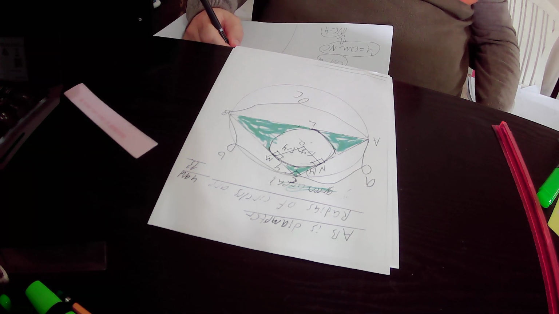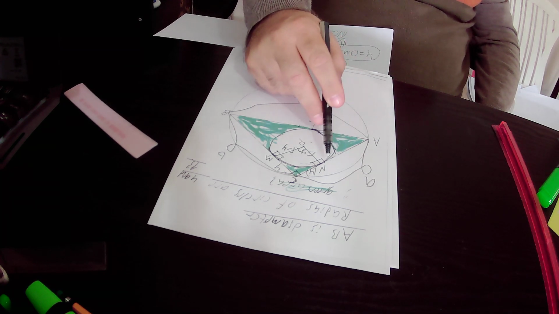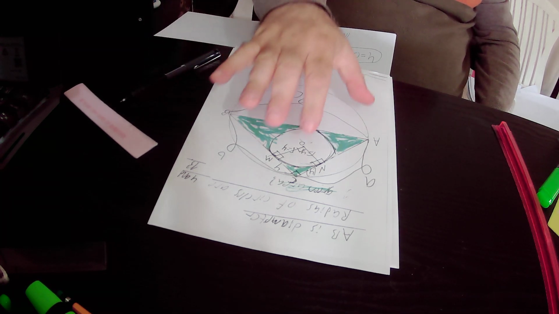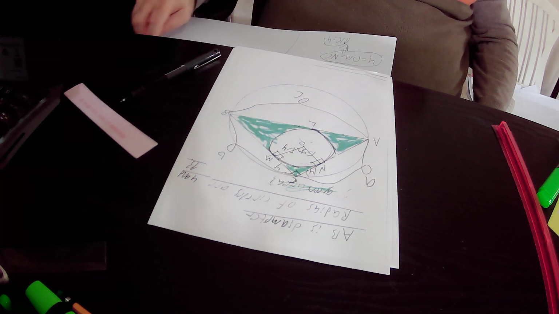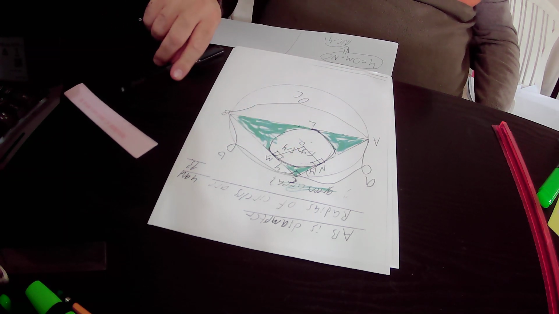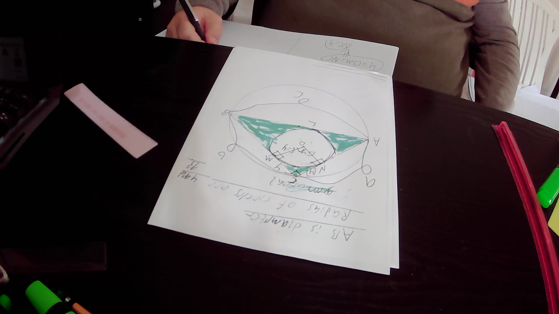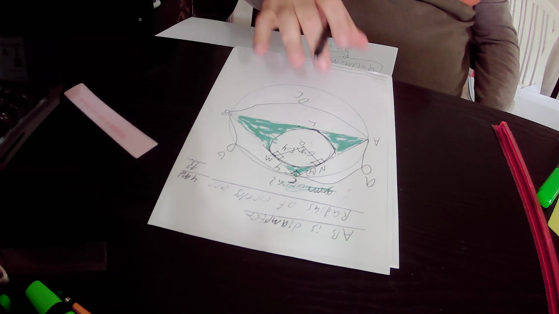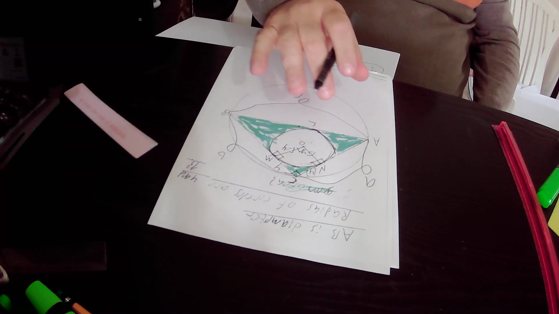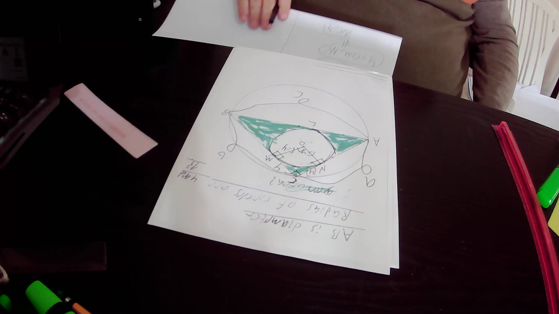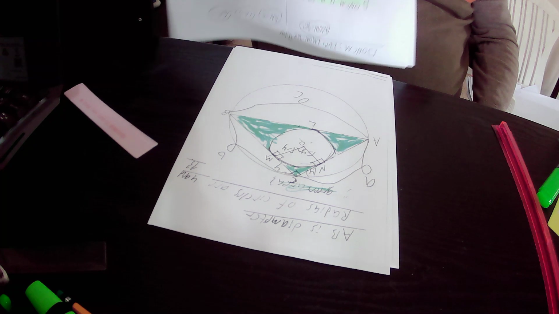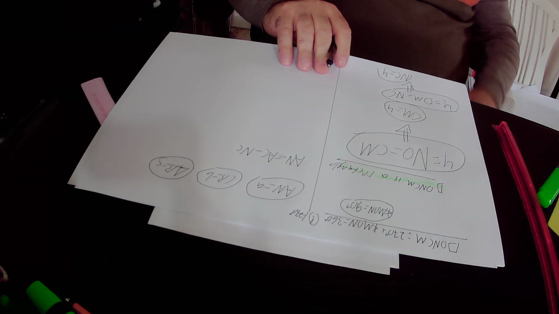So what is the length of line segment AN? From the drawing, it is very easy to see that AN equals AC minus NC.